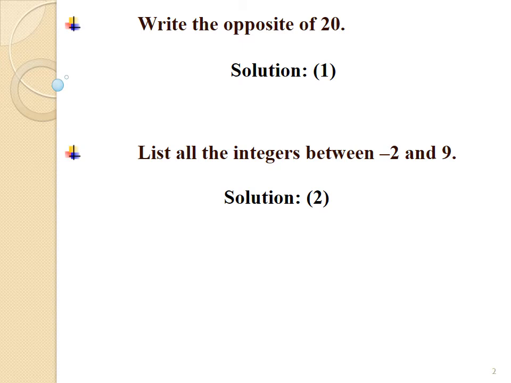The sum of two positive integers is positive, and the sum of two negative integers is negative.